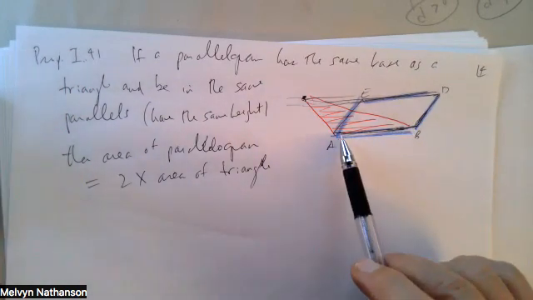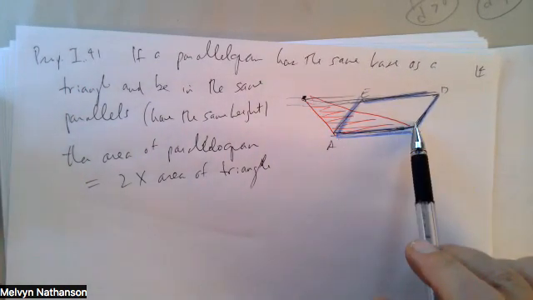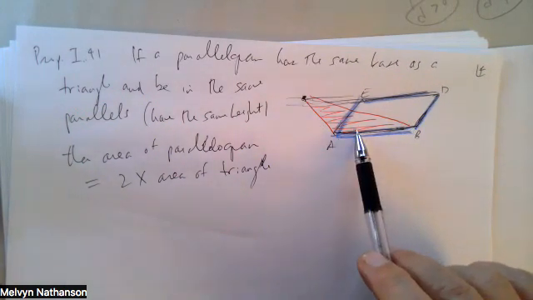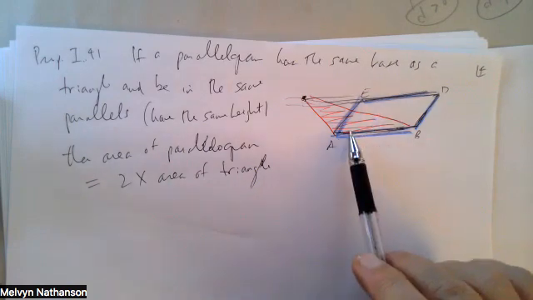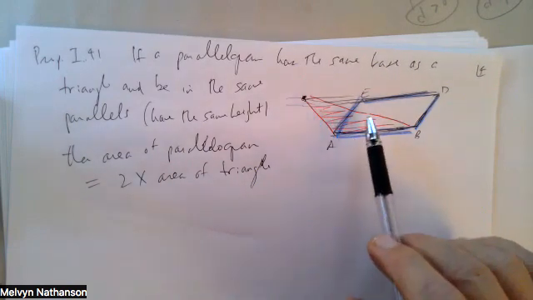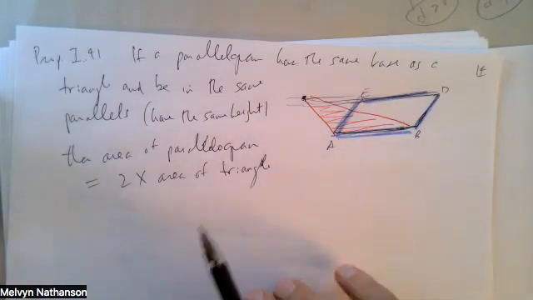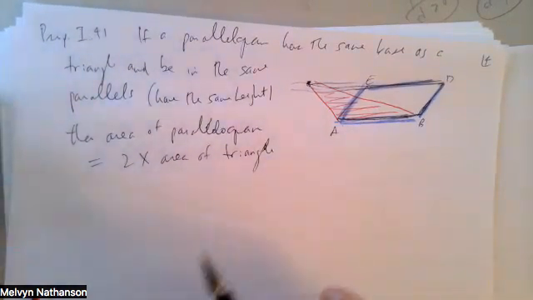And they teach you that the area of a triangle is half the base times the height. So if the triangle and the parallelogram have the same base and the same height, the area of the parallelogram is twice the area of the triangle. Right? So this is something you know.